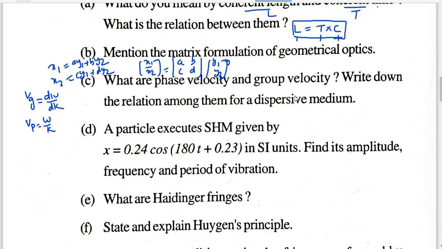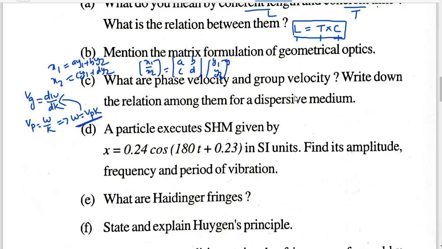Now we have to find the relation between these two. So how to find the relation? Remember, omega is equal to Vp times k.